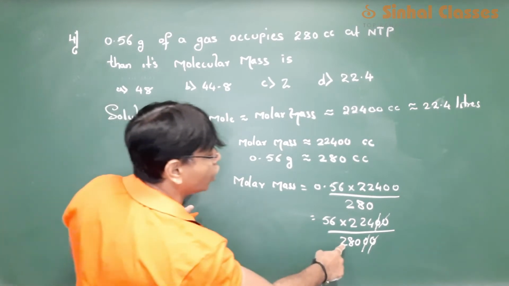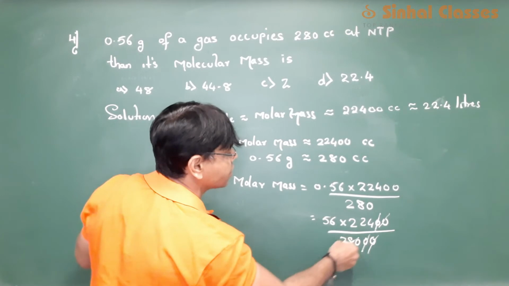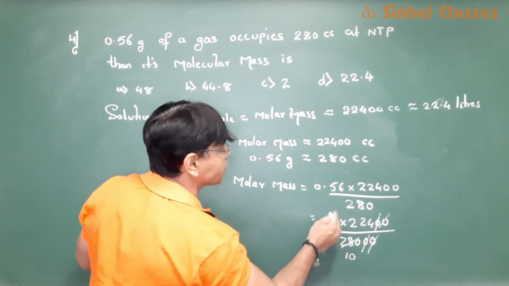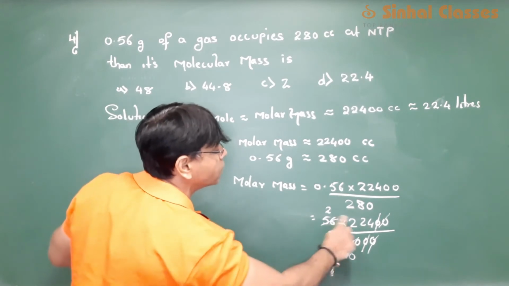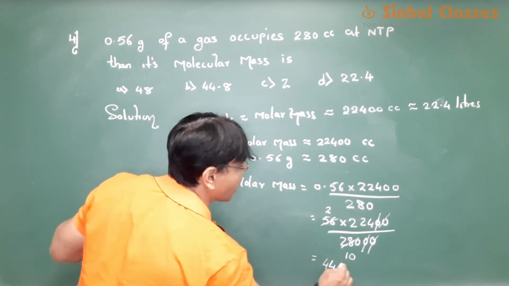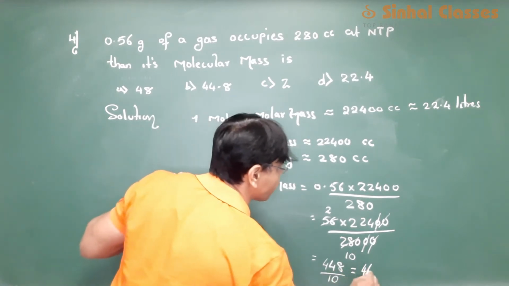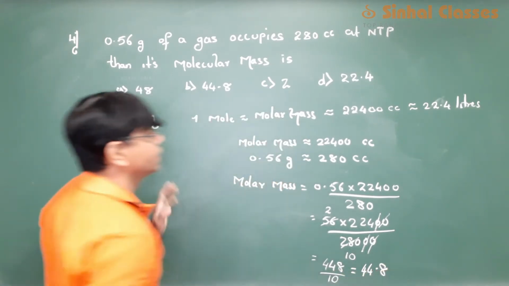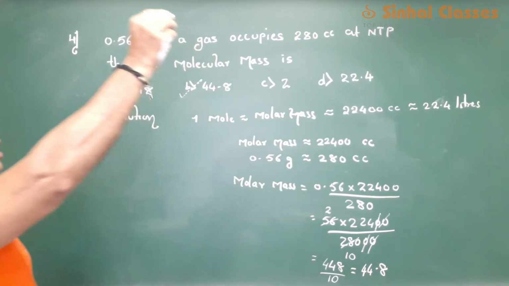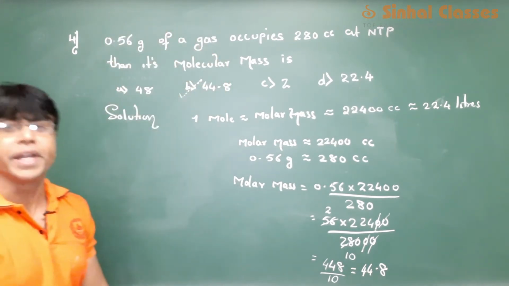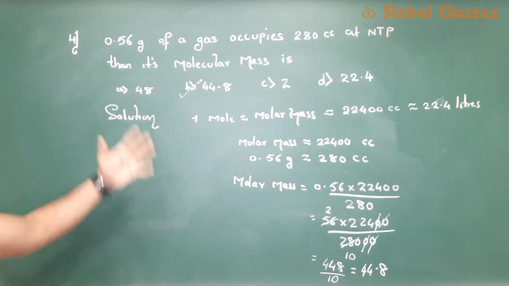We all know 28 2s are 56. So this is 10 here, this is 2 here. So now this will become 448 upon 10, that is 44.8. So your answer for this question is B. So the molar mass is 44.8. Okay, so that was question number 4.